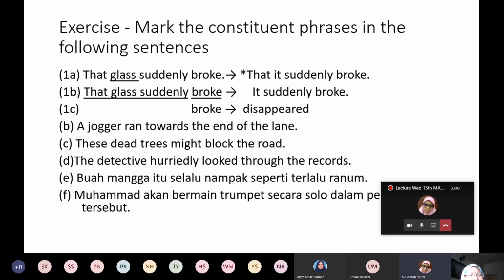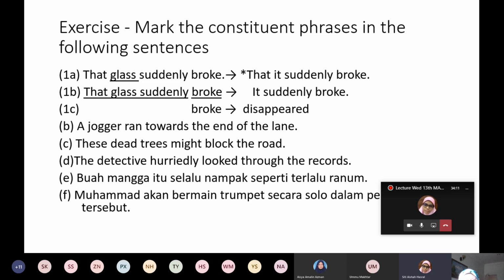So a jogger is a constituent, because I can substitute it with a pronoun, he or she. And the second one is the end of the lane, because I can substitute it with there. So if I say a jogger ran towards there, it is grammatical.